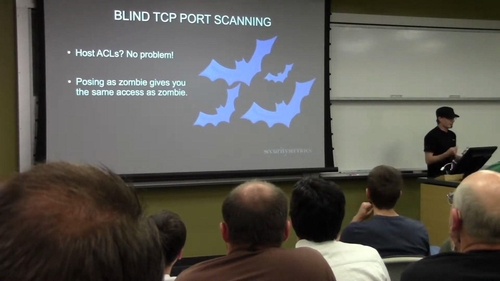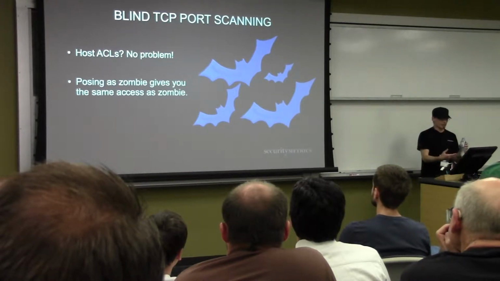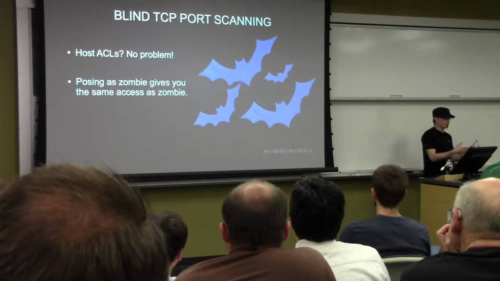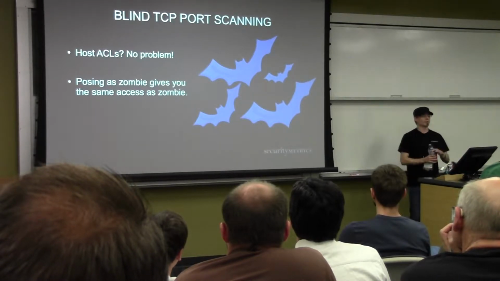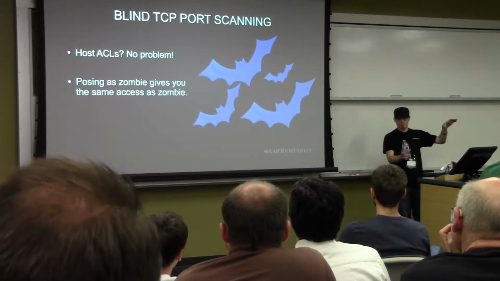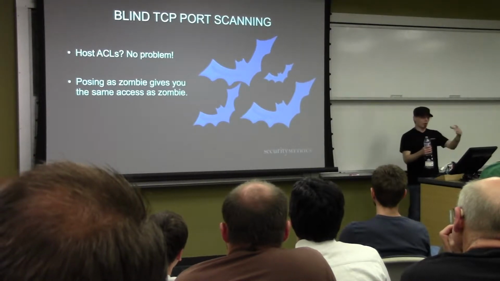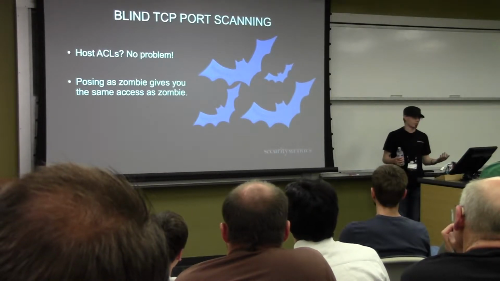With idle scanning, even though your address might not be able to interact with the machine, you can pose as somebody who can. So if they have VLANs set up where communication is only allowed from a range of addresses, you can pose as one of those allowed addresses and perform the port scan that way.